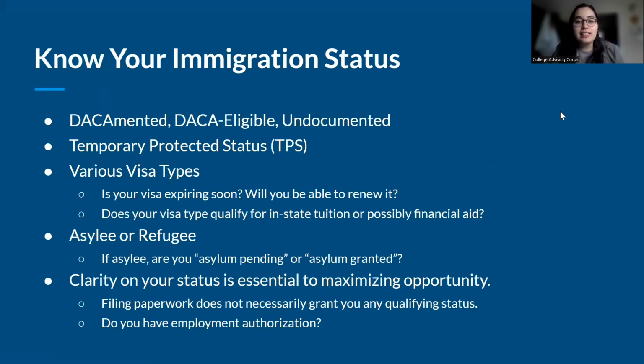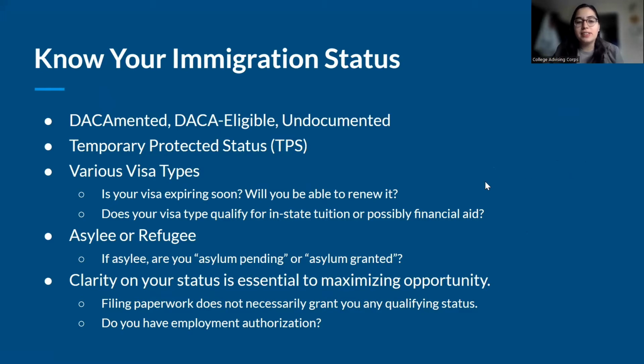First of all, it's important to know your immigration status. Whether a student has DACA, any sort of protective status, or doesn't have any sort of legalized immigration status, it's important to know that because that will limit the colleges you can apply to.